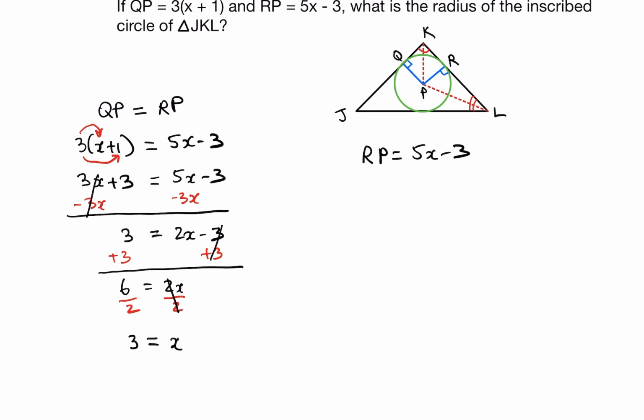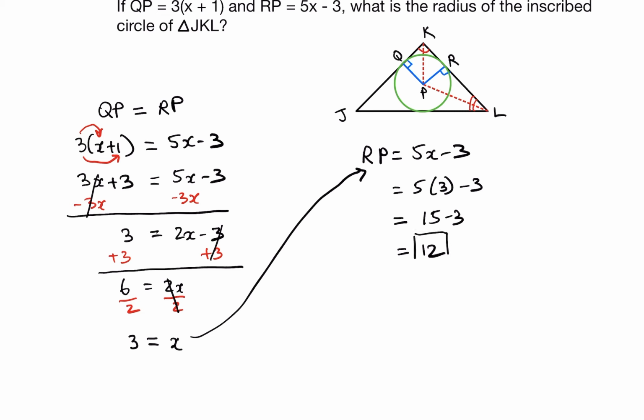We just solved for x. So we're going to insert x in here. And so RP is going to equal 5 times the value of x, which is 3, minus 3. And this works out to 15 minus 3. Or the radius is 12.